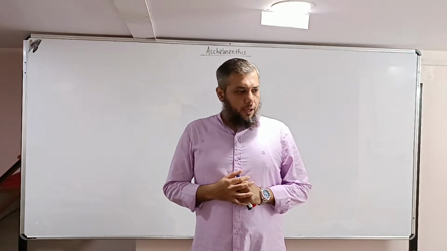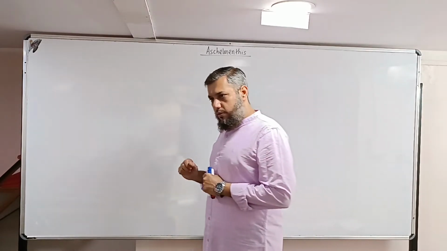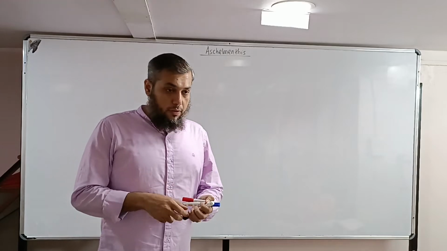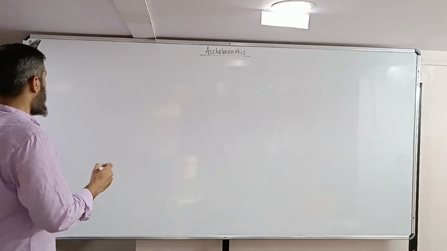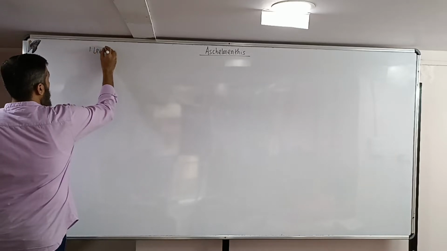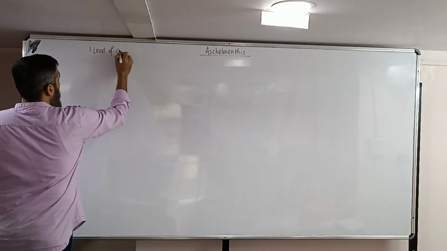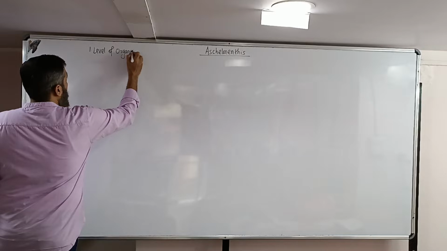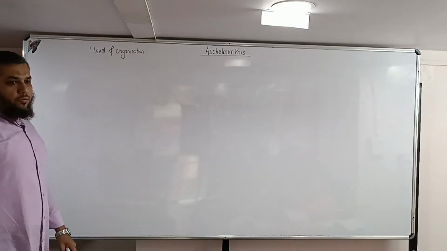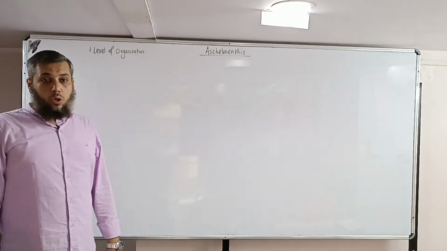Okay, kids? And you need to help me with those points. Right? What do we begin our lecture with? Levels of organization. And which level of organization does it belong to?